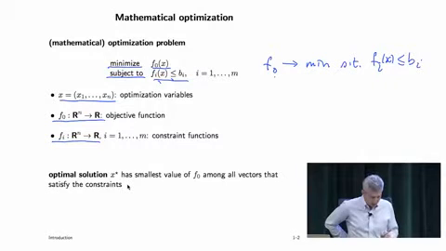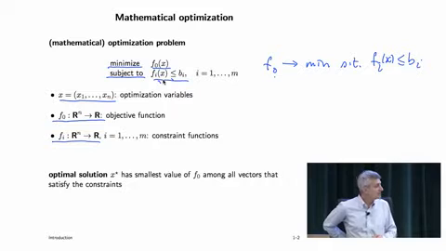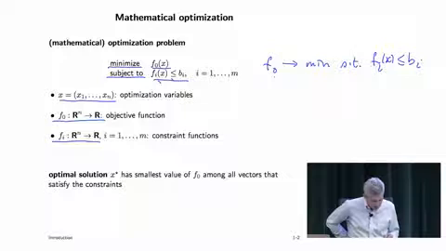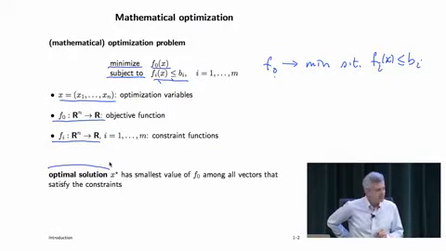Now, a solution is simply a point x which satisfies the constraints, and among all the vectors that satisfy the constraints, is one that minimizes F0. You can call that an optimal point. You can also call it a solution. To be honest, the term optimal solution is redundant. It's technically correct, but stylistically, a better statement would be optimal x star or solution x star.